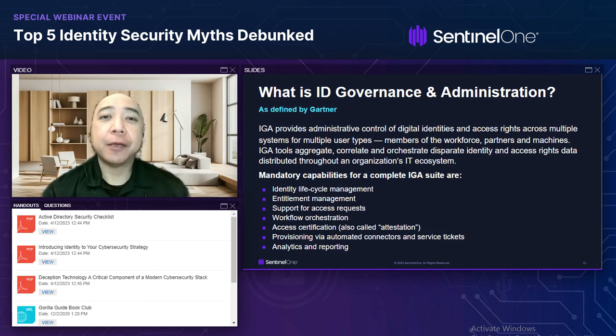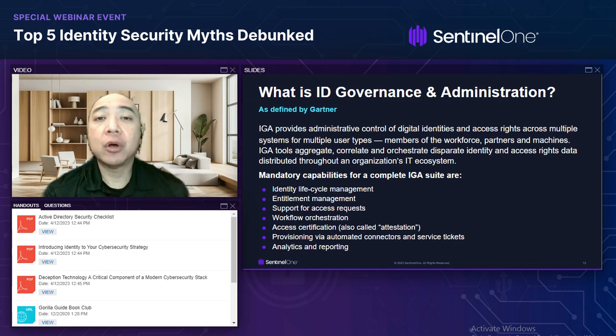Let's look at IGA. IGA is all about administrative controls of digital identities and access rights. Look at the mandatory capabilities for a complete IGA suite. You're talking about provisioning and deprovisioning an identity, giving it entitlements, supporting access requests. Hey, I need access to this system. Okay, great, we'll give you the right to access that system.